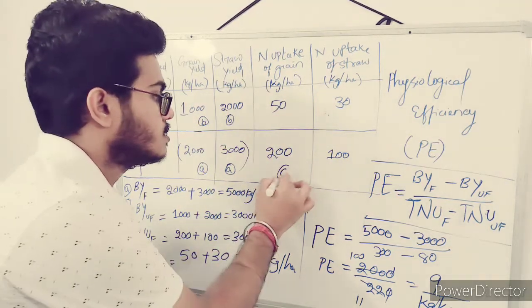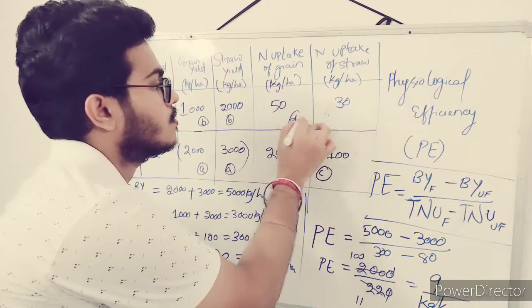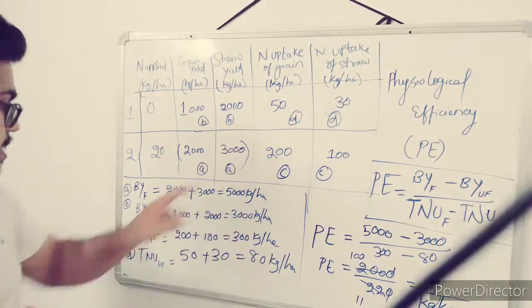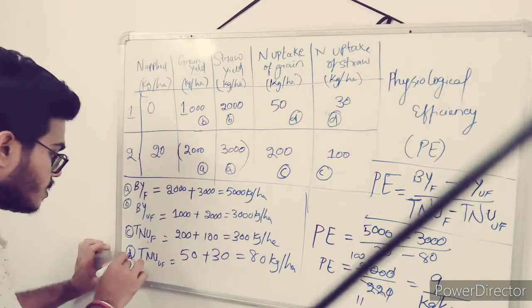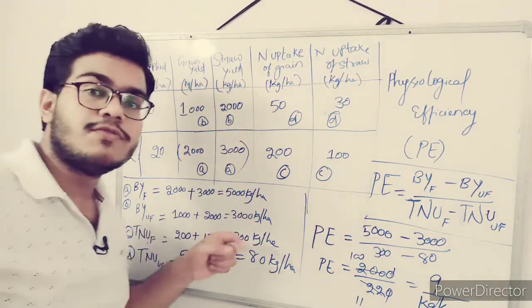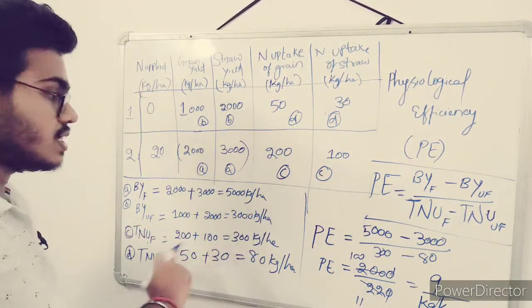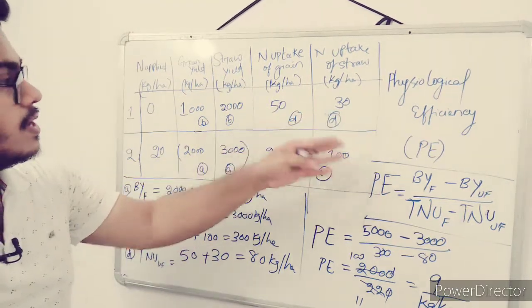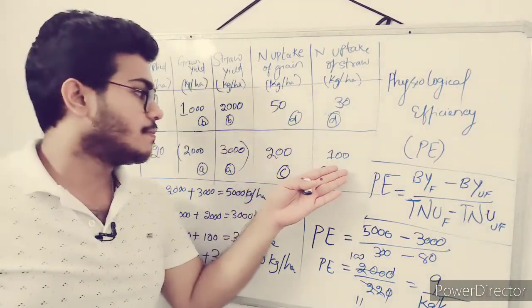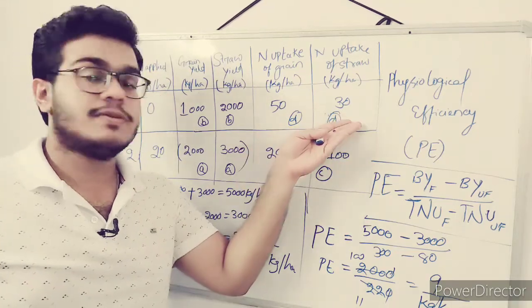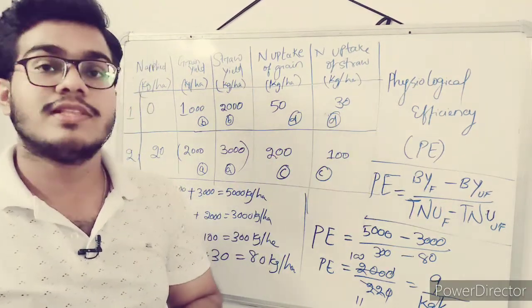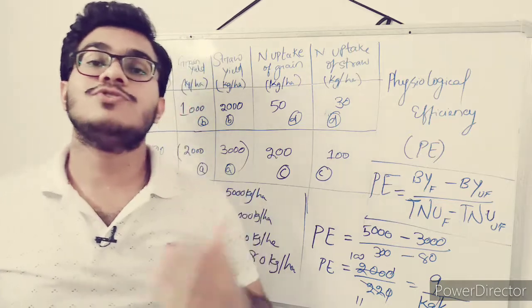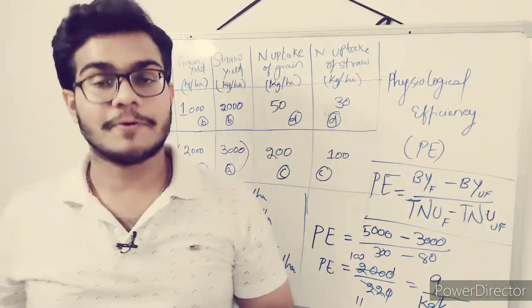Let me put here C so that you are not confused. You can mark these tags as I have done here. If you have any confusion with these letters, what is being added, you can find it out. This is divided by the total nitrogen uptake in the fertilized plot minus the total nitrogen uptake in the unfertilized plot. So with this formula you can get the physiological efficiency of the particular crop.